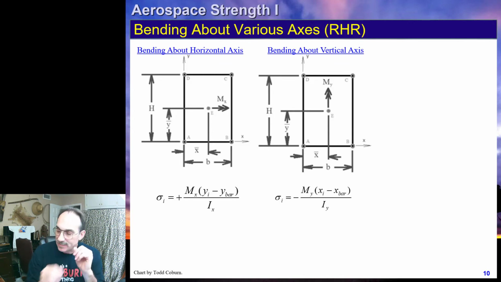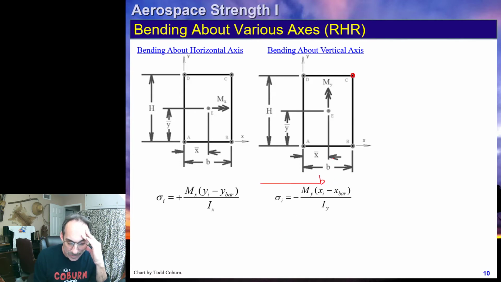What this means is, if we have a point to the right, for example, point C has an x value of b, and we can see by inspection our x bar is just at b over 2. So this quantity is b minus b over 2. It's a positive value.